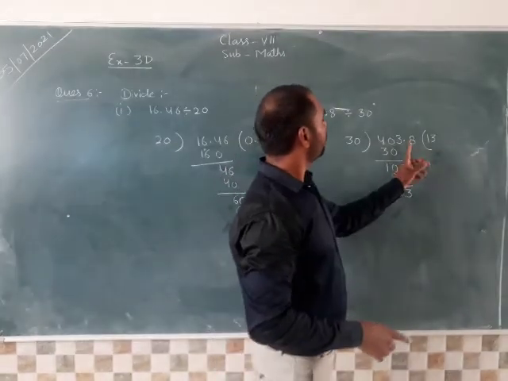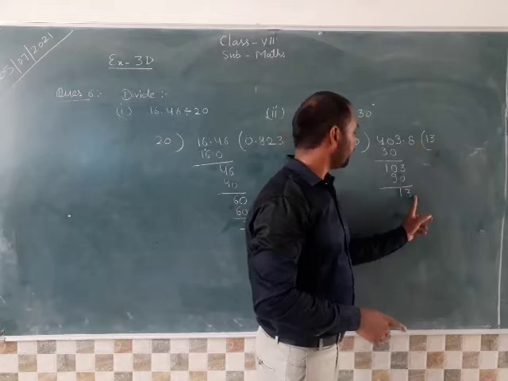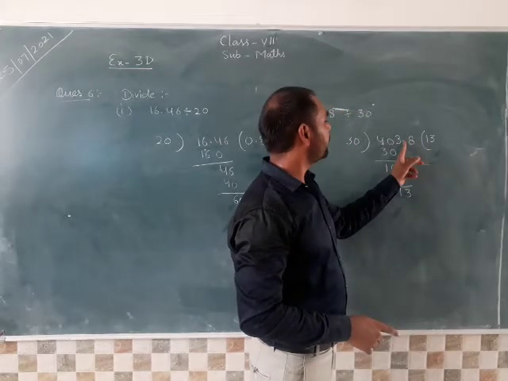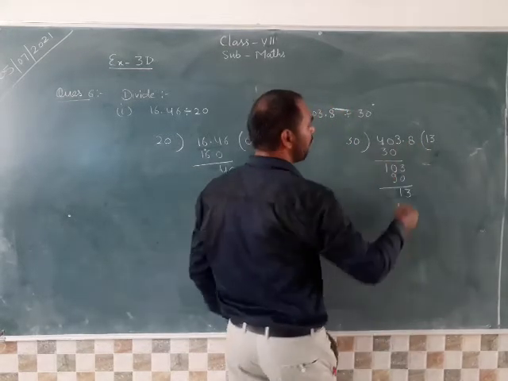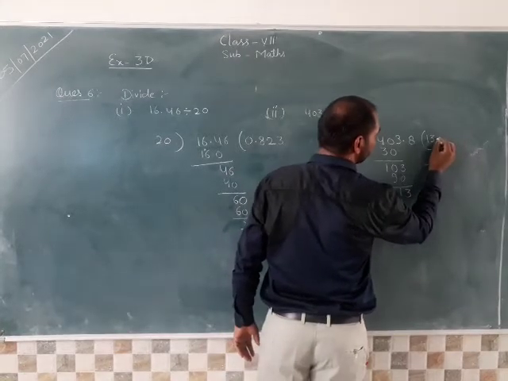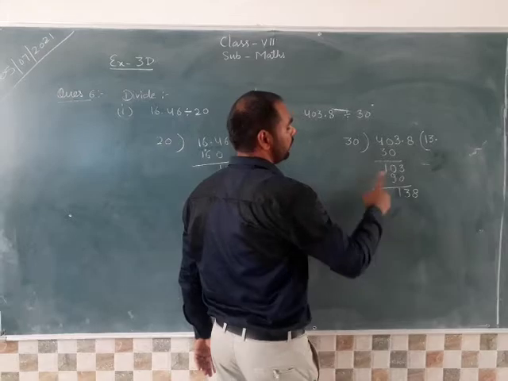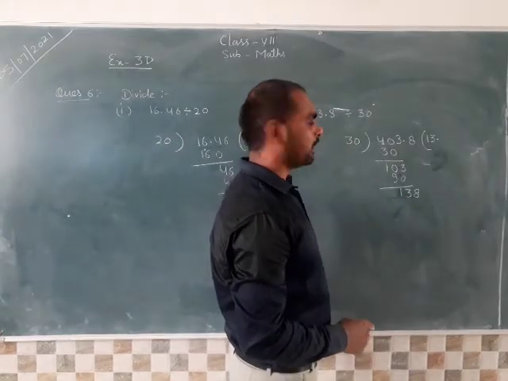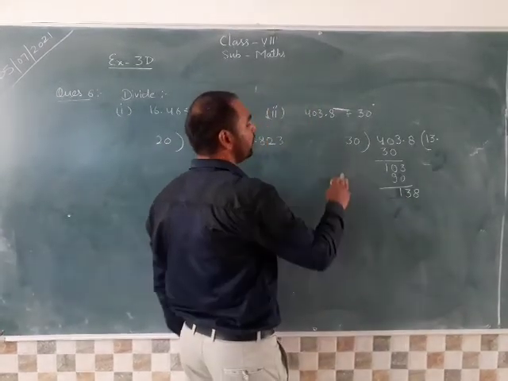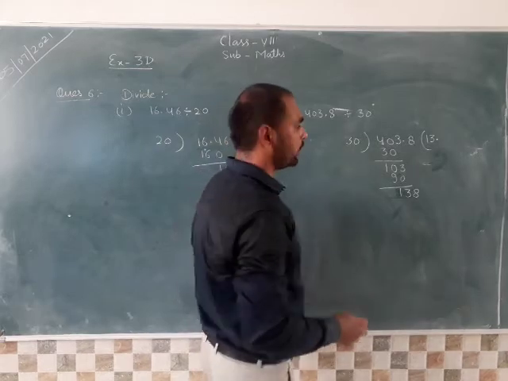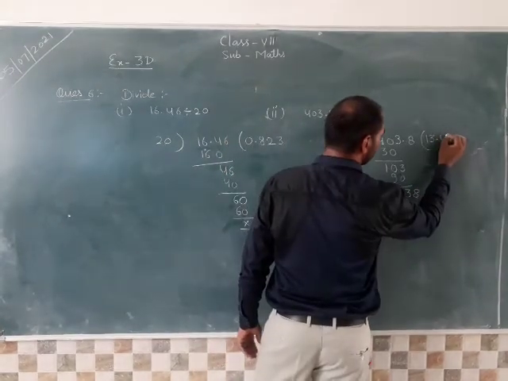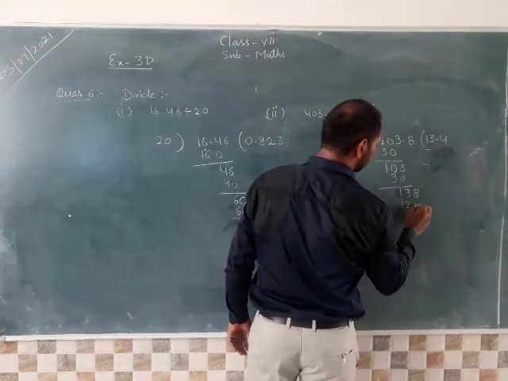Okay, now I am going to take 8 as carry, but before 8 there is a point. So we will mark a point in the quotient and carry 8. Now it becomes 130. We know 30 fours are 120.